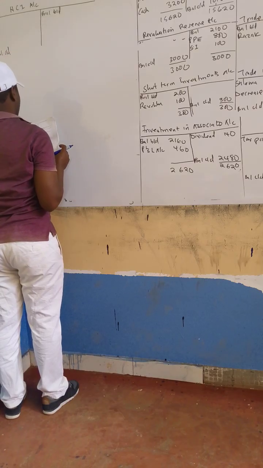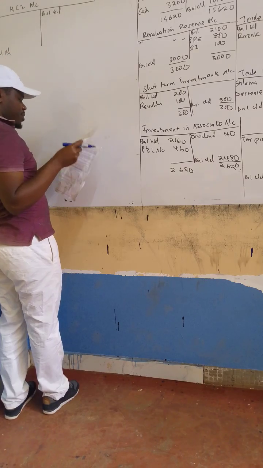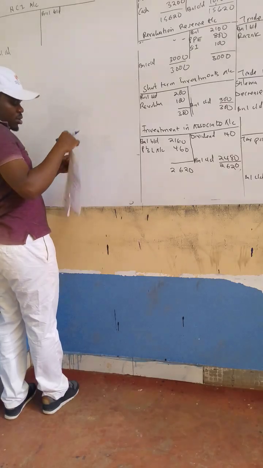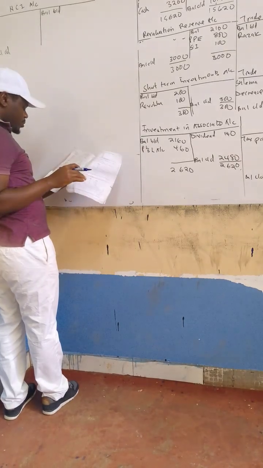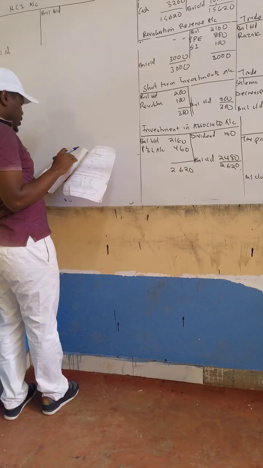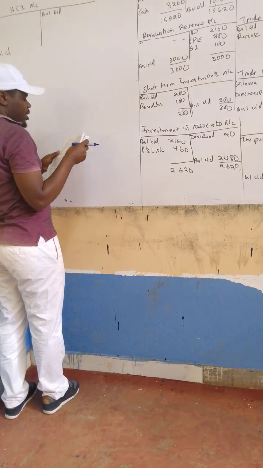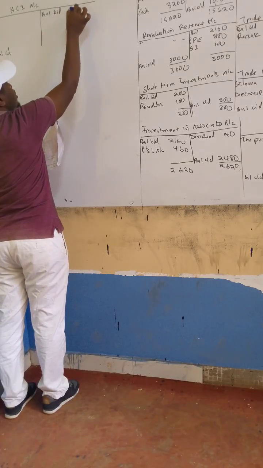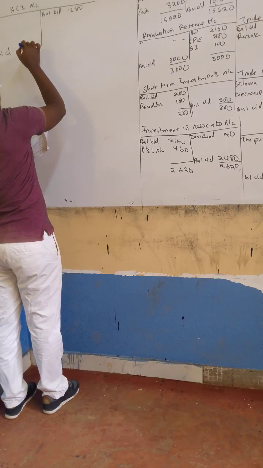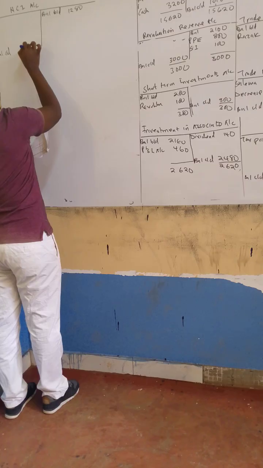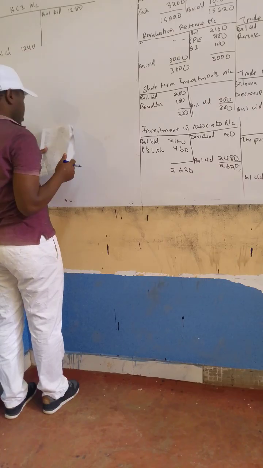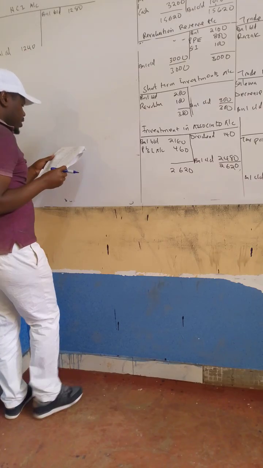So we are going to have a balance brought down for non-controlling interest, which is on the equity side. It was 1280. Balance brought down is 1280. And balance carried down is 1240. And then let's look at Razak.